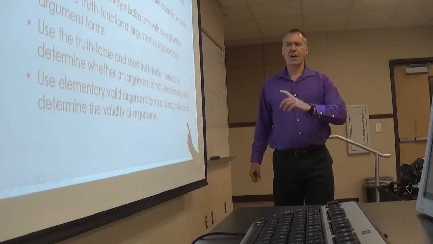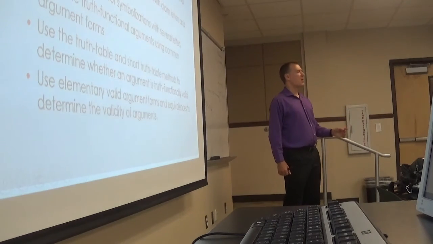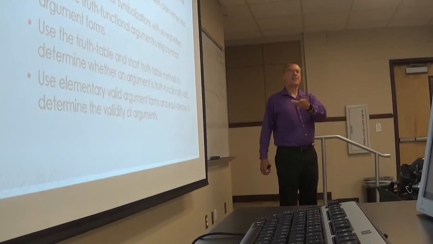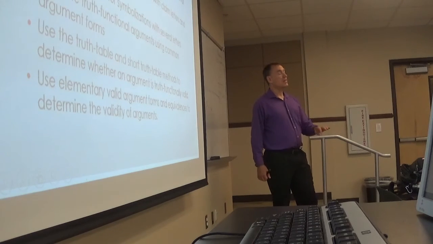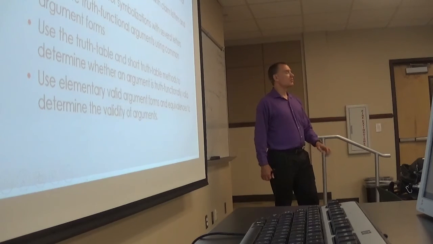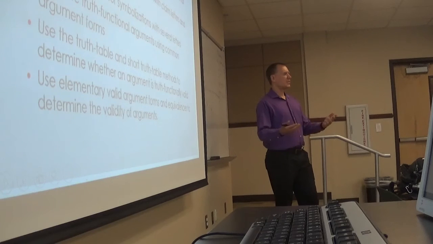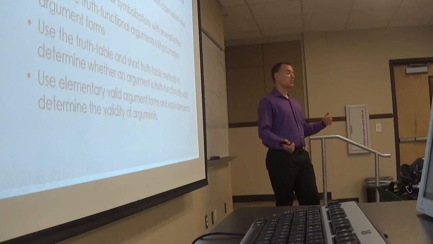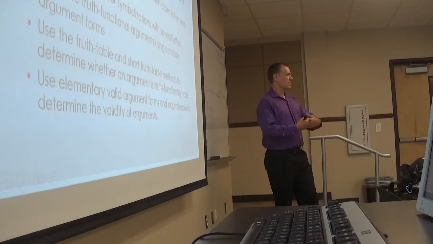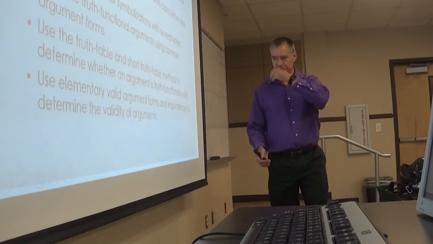Also, unlike categorical logic, which just has the categorical syllogism, 2 premises, 1 conclusion, truth functional deductive arguments could, in theory, obviously not in practice, have an infinite number of premises, but still, of course, 1 conclusion. So with truth functional logic, there's no single argument type, there's no fixed number of premises, still a fixed number of conclusions, always 1, but you could have potentially an infinite number of arguments. So a little more tricky.